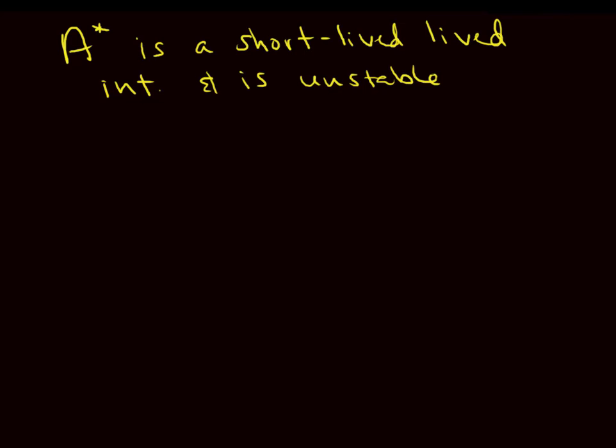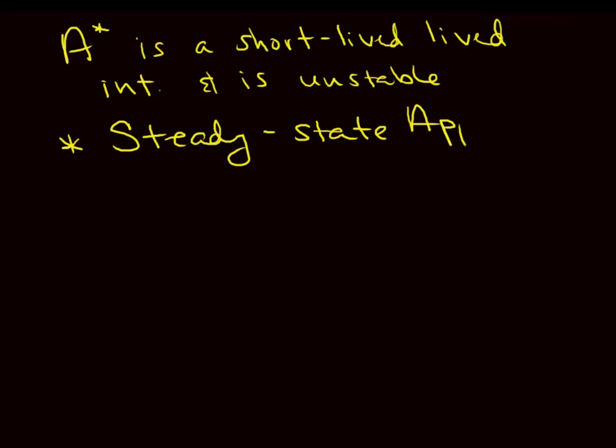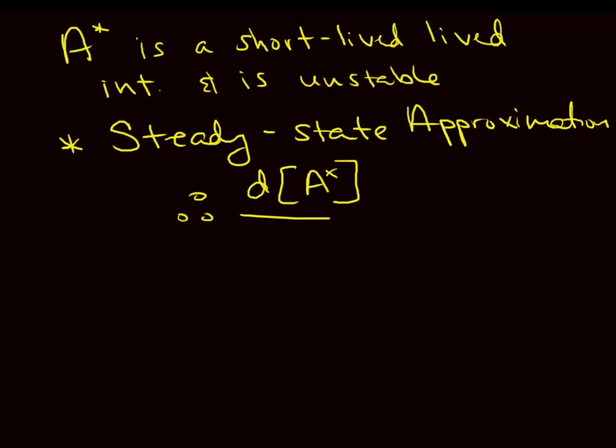And so right now we're going to introduce a new concept known as the steady state approximation. And this is very important. And the general idea, mathematically, is that the change in the concentration of our excited state intermediate as a function of time will be equal to 0.